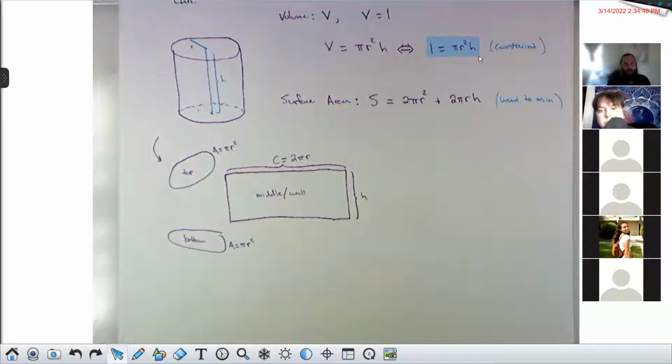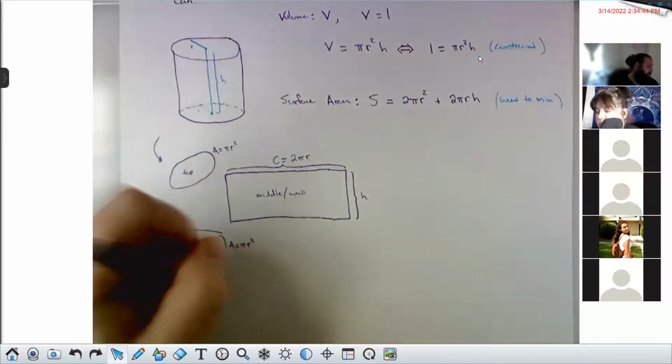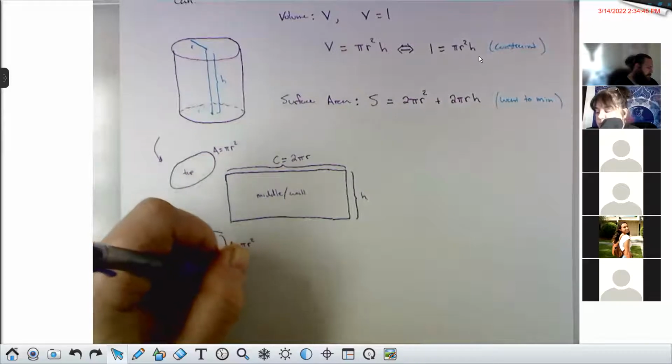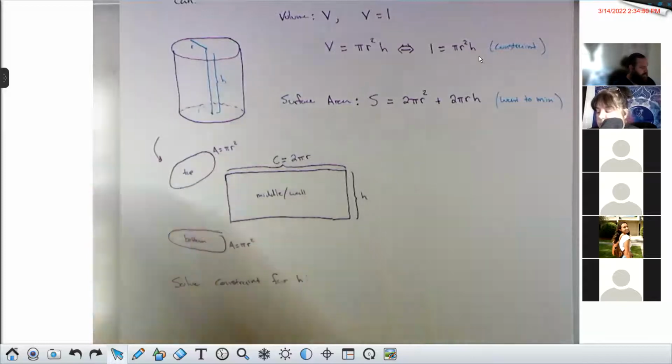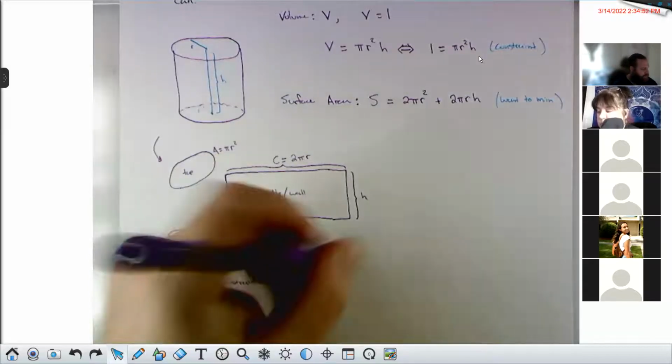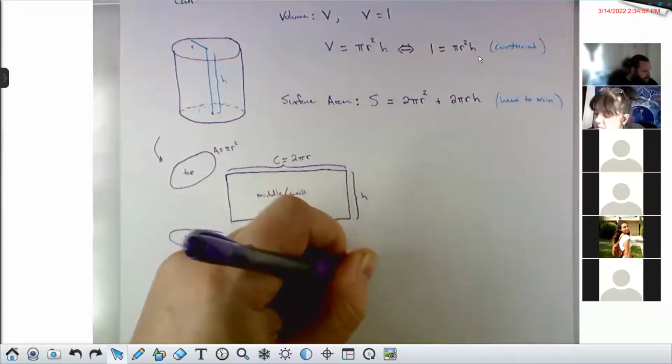So I'm going to solve the constraint for h. So what does that give me? That gives me 1 over pi r squared equals h.